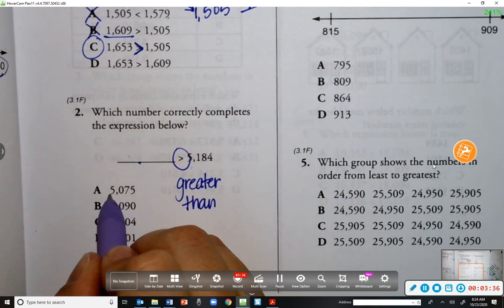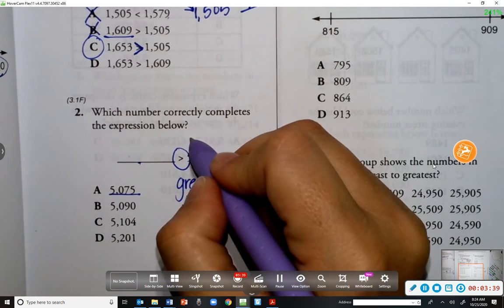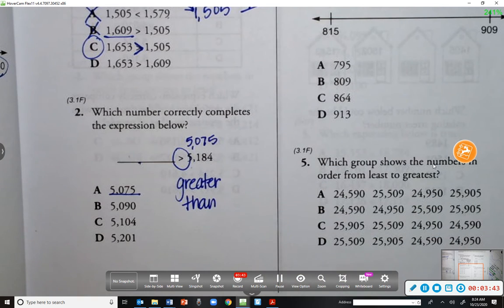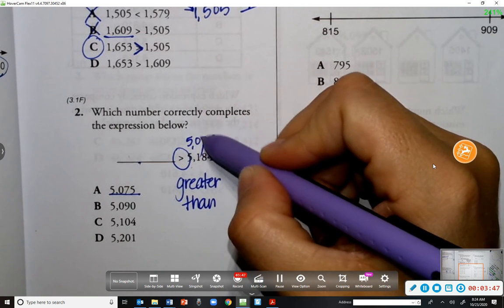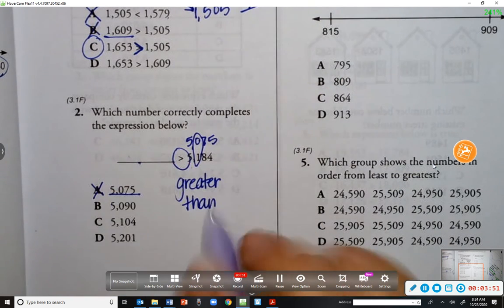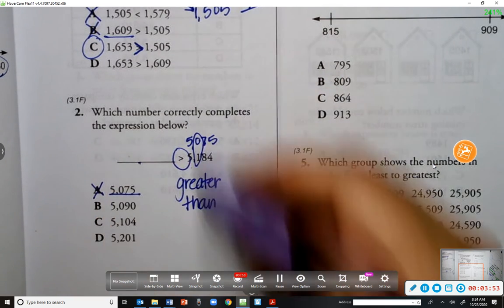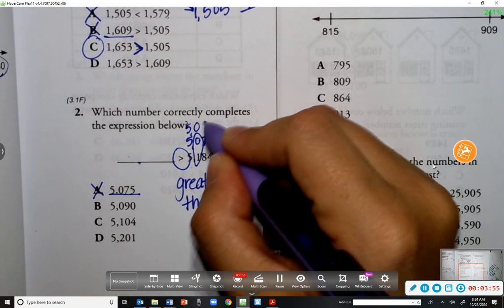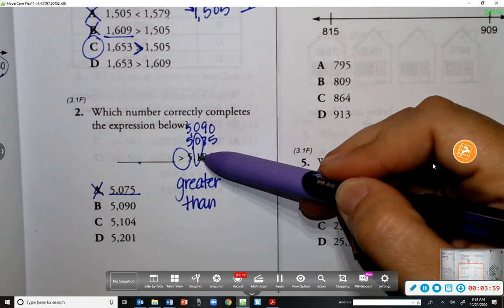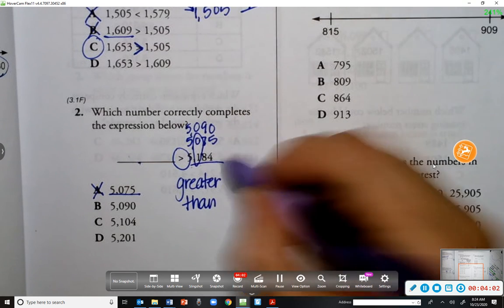So let's start with A. Is 5,075 greater than 5,184? No, because I can see here 1 is greater than 0, okay? 5,090, is that greater? No, I can still tell from looking at the hundreds place that this one is still greater.